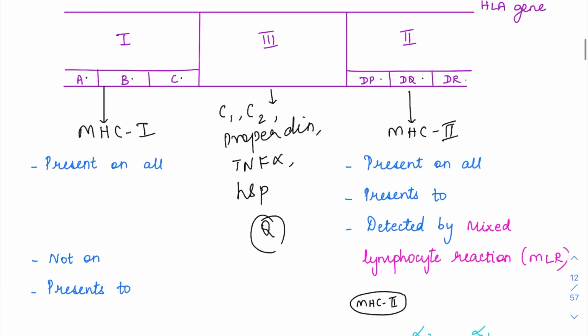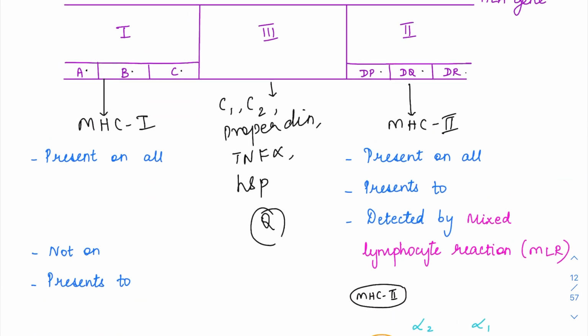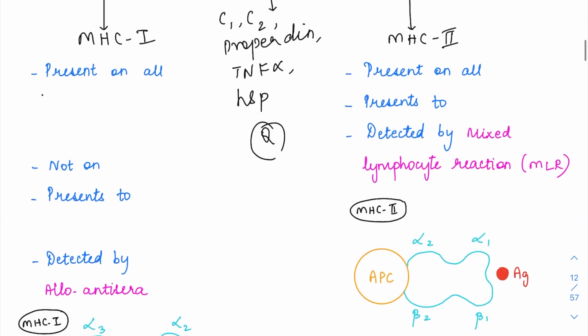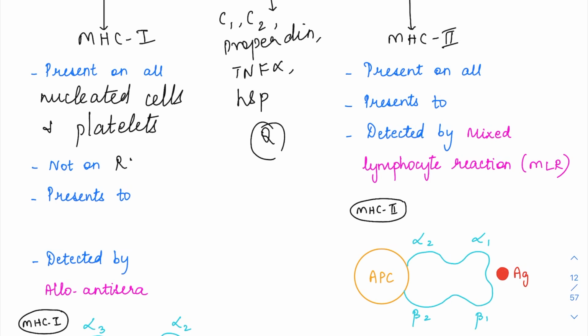There are differences between MHC1 and MHC2, which are mostly important for us. MHC1 is present on all nucleated cells, so any cell in the body which has a nucleus, along with the platelets. Platelets usually don't have a nucleus, but still they express MHC1. So what cells do not express MHC1? It will be RBCs. RBCs don't have a nucleus and they don't express MHC1.